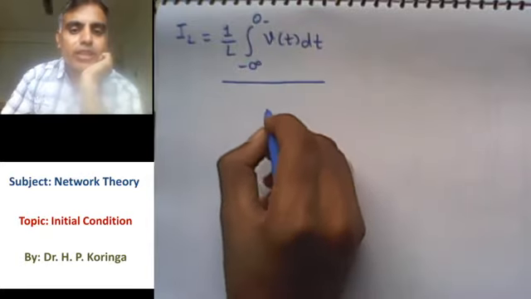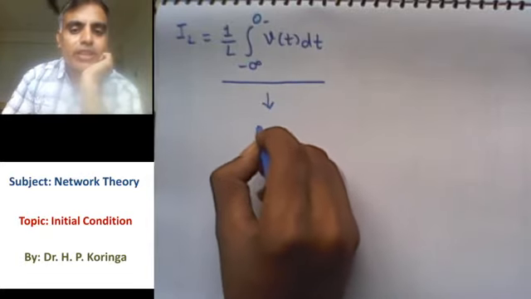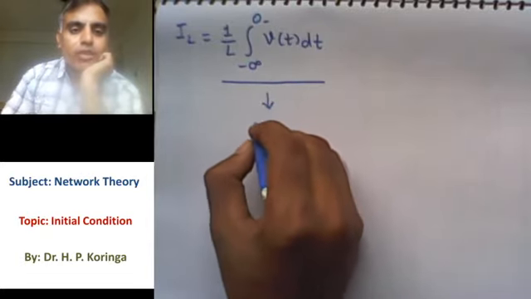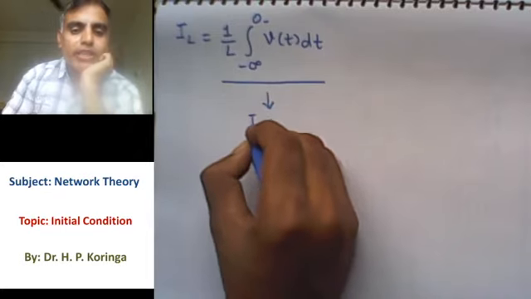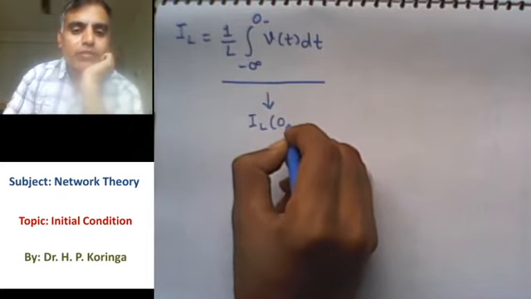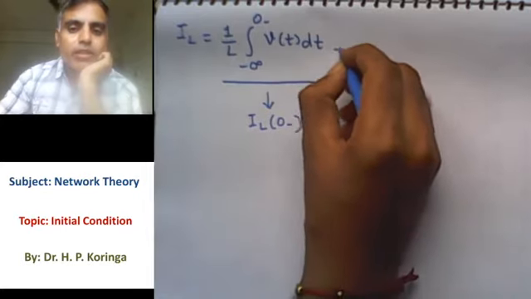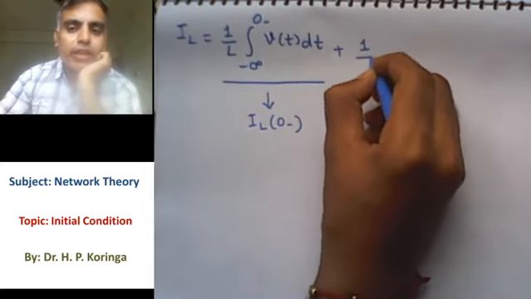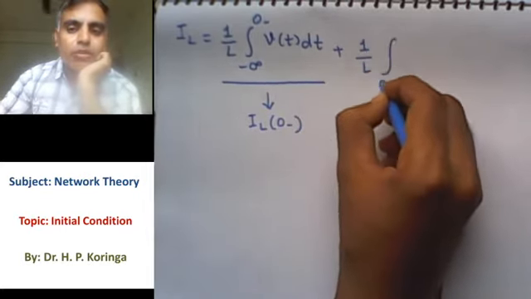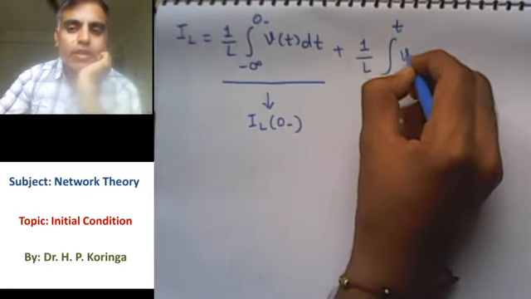So it can be written as IL of 0 minus. Plus another value is 1 upon L, integral of 0 to t of v of t dt.